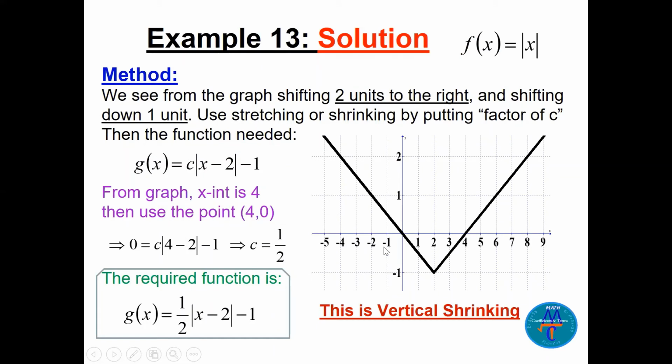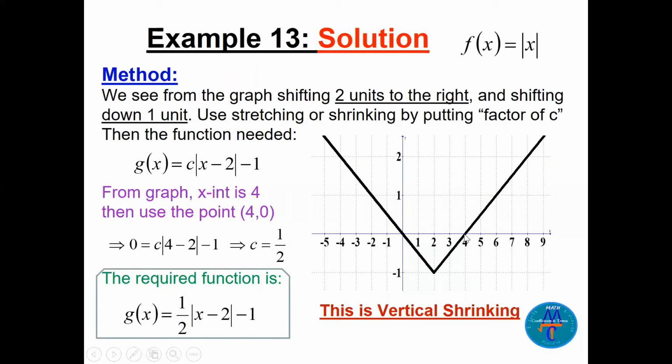We look at the graph, and then we try to write a function g, absolute value, same here, absolute value of x. On the right, so we say x minus 2, down 1 unit, so minus 1. And then I put c here. c will take care of the stretching and shrinking, just outside. See, from the graph here, we see the x-intercept will be 4.